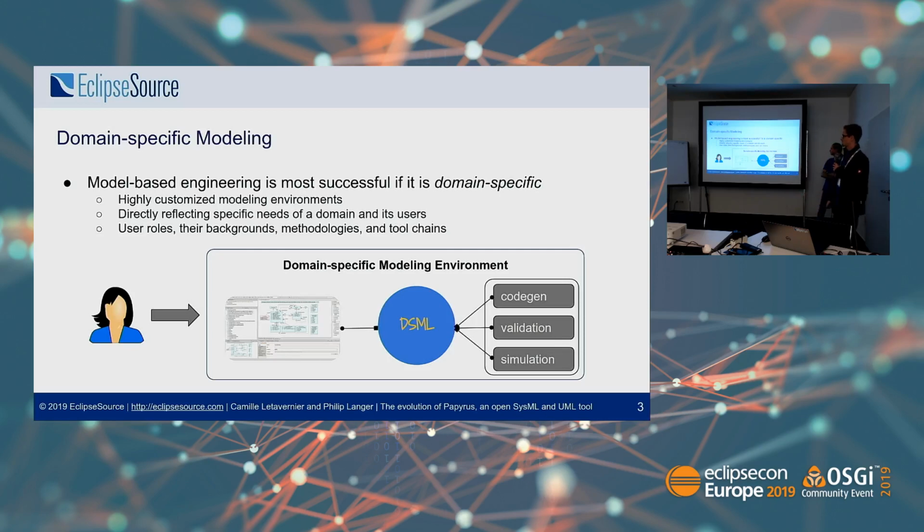Then we always would like to produce value for the domain expert out of those models. So we typically have a couple of components in the back that, for instance, generate code, generate documentation, or do some early validation or verification based on simulation components, and so on. Those components then produce value for the domain expert in terms of answering questions about performance or completeness, or whatever the domain expert is interested in.